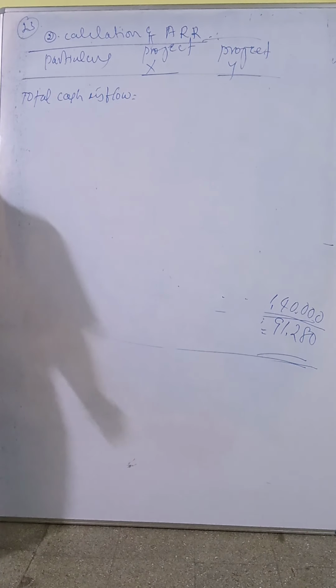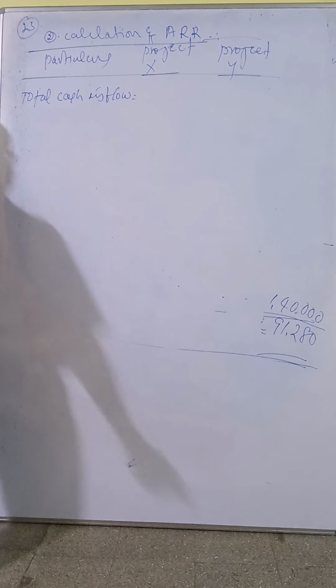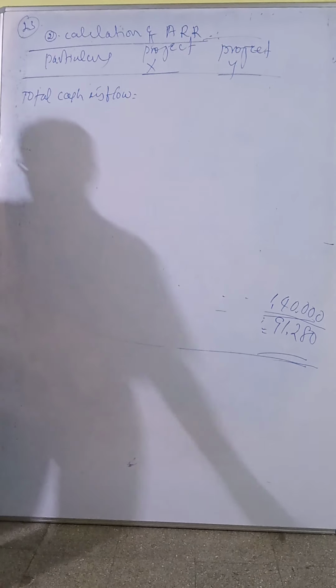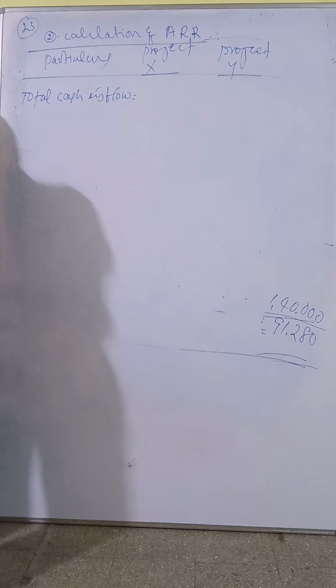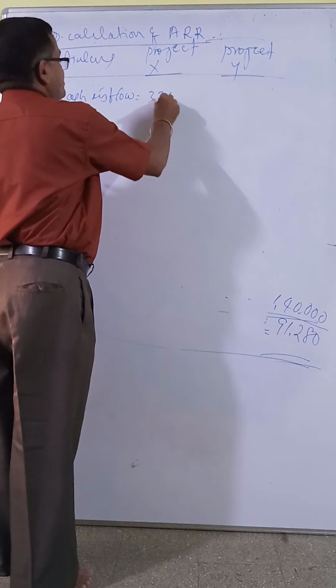Total cash flow means you have to add all of project X: 20,000 plus 40,000 plus 60,000 plus 90,000 plus 1,20,000. You will get 3,30,000 total cash flow.